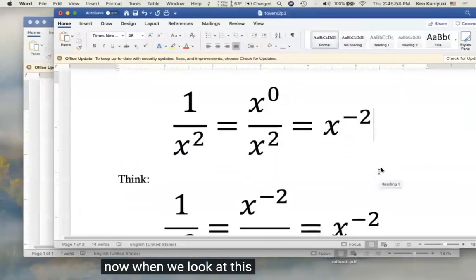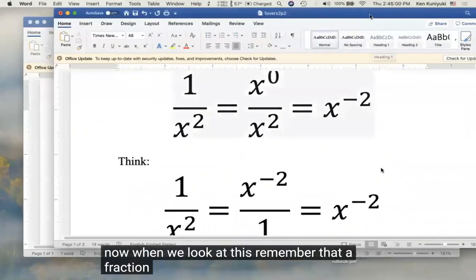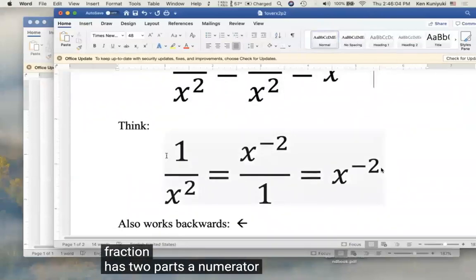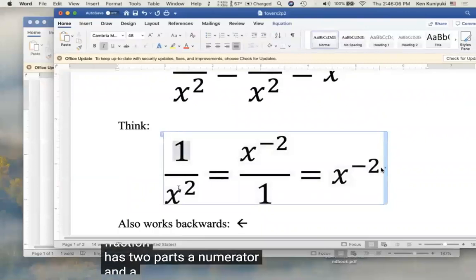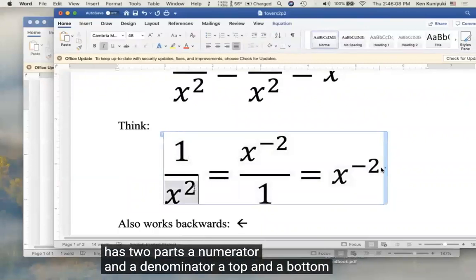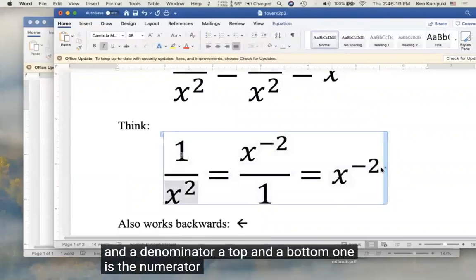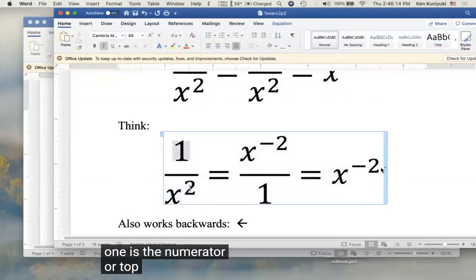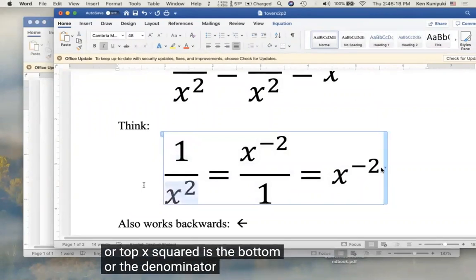Now, one way to look at this, remember that a fraction has 2 parts. A numerator and a denominator, a top and a bottom. 1 is the numerator or top, x squared is the bottom or the denominator.